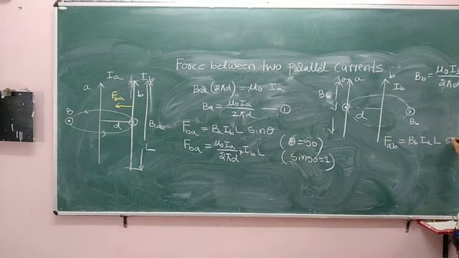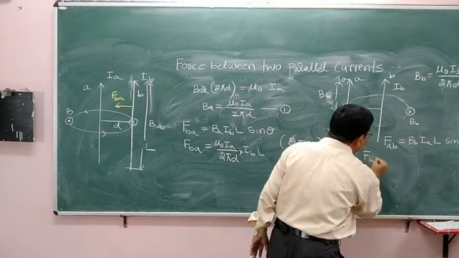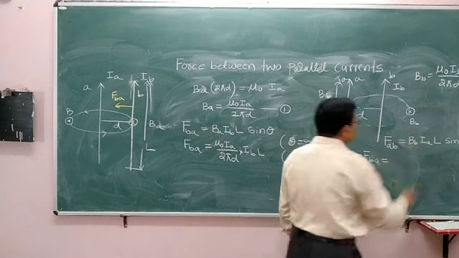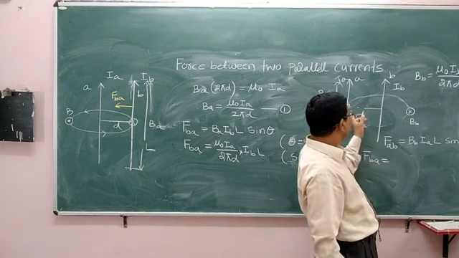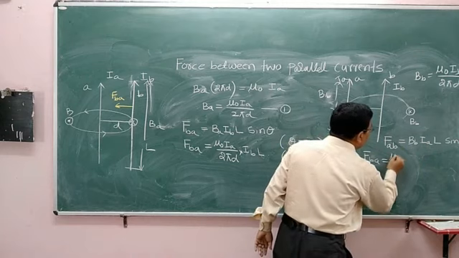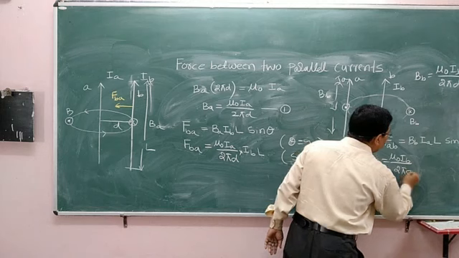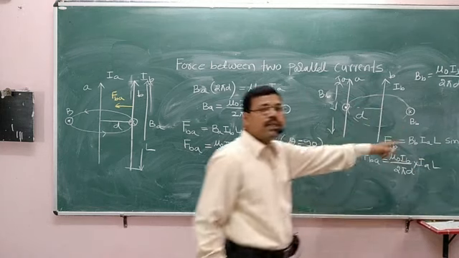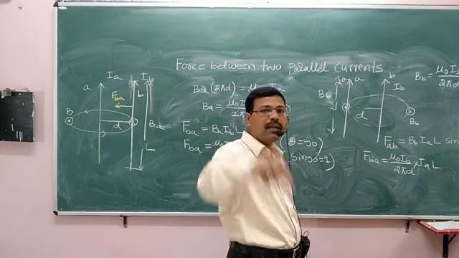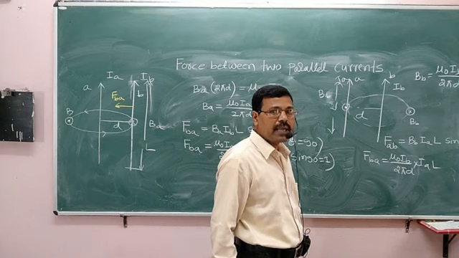into sin theta. Now I am going to write this as force acting on A by B is equal to BB. The magnetic field produced by the conductor B at this point is mu naught Ib divided by 2 pi d into Ia into L, because that theta, the angle between the magnetic field and the current element, is 90 degrees.